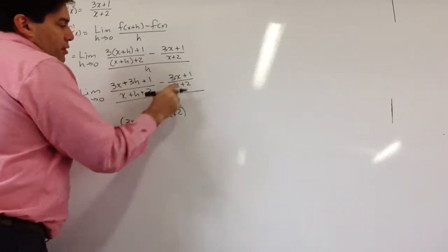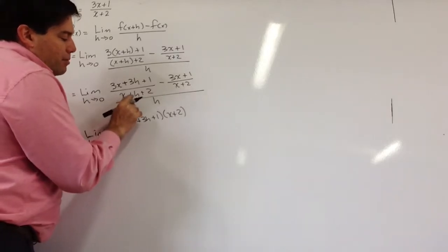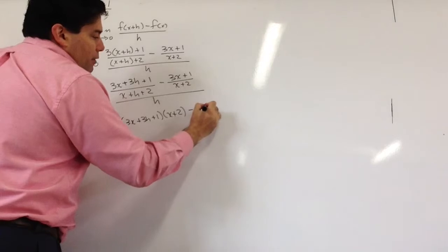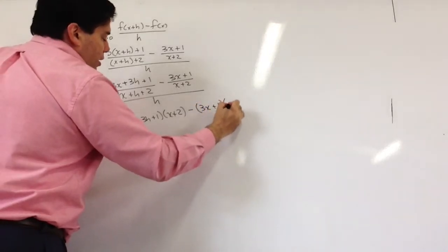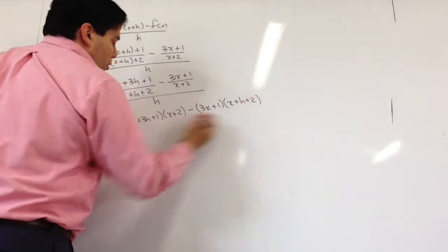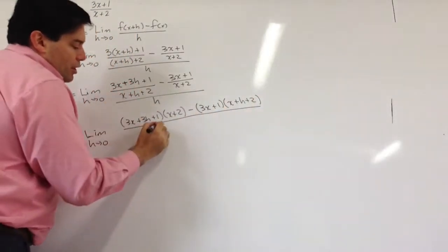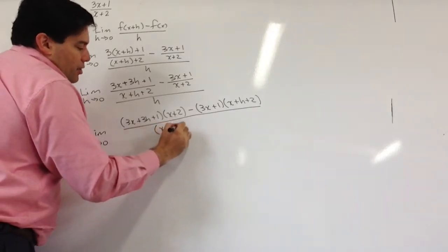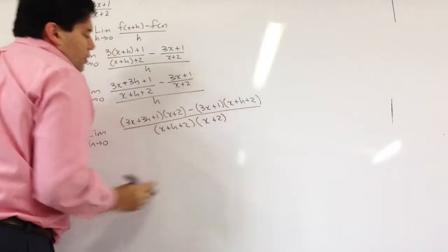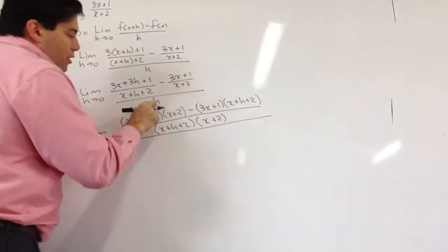And in this fraction I have to multiply both numerator and denominator by x plus h plus 2. So that would be minus 3x plus 1 times x plus h plus 2, over the common denominator, which is x plus h plus 2 times x plus 2. All that is divided by h.